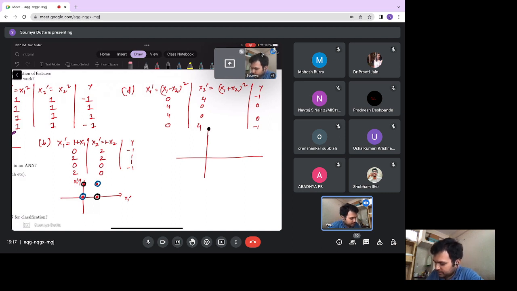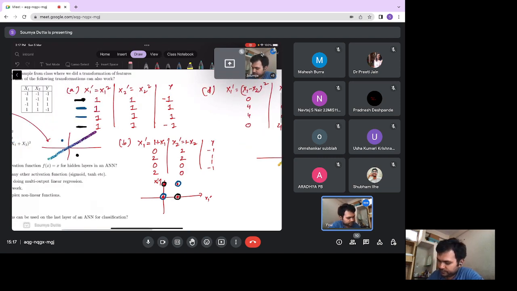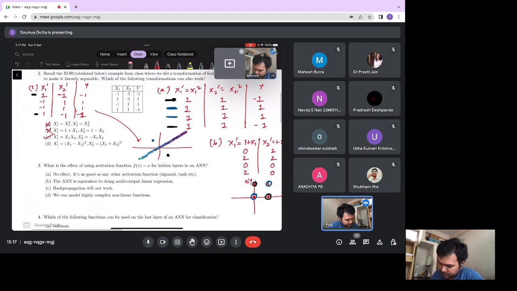The fourth point is also at 0, 4, and the other two points are at 4, 0, and now if you draw a classifier again, this becomes linearly separable, right? So the options 3 and 4 are correct in this particular case.